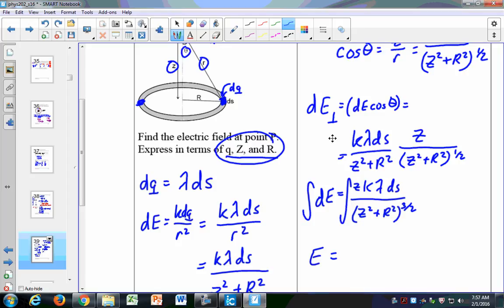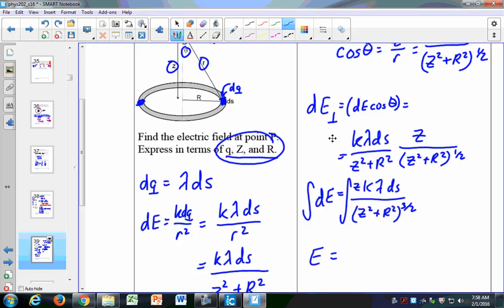This is a constant value. k, of course, is always constant. Lambda, constant, or does it change as I move around the circle? That's a constant value as well. Z, we already said is constant. R also is a constant value. So everything can come out of that integral except for the ds.